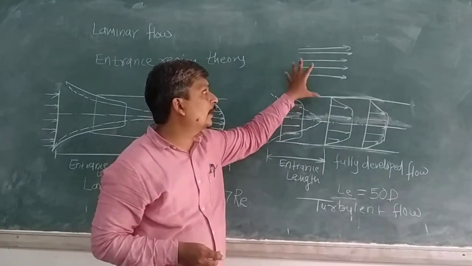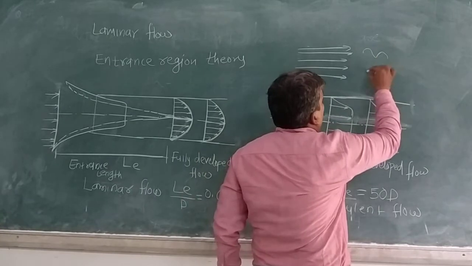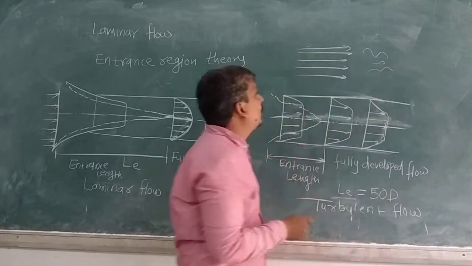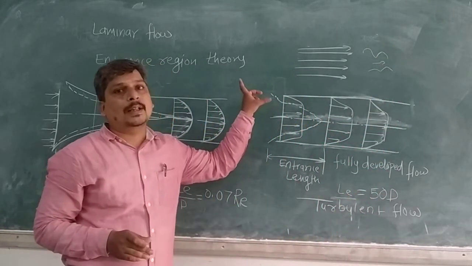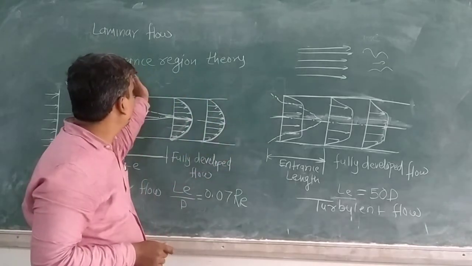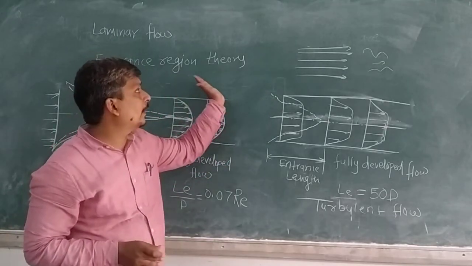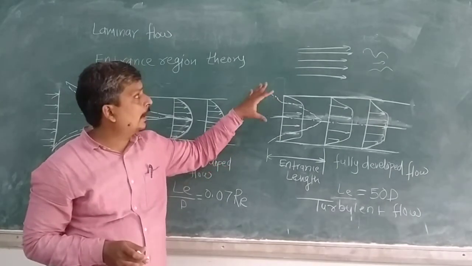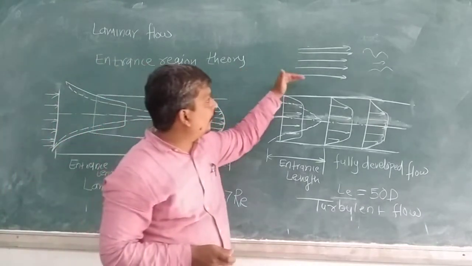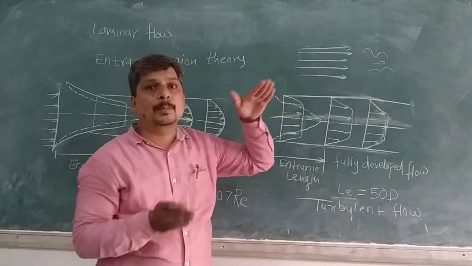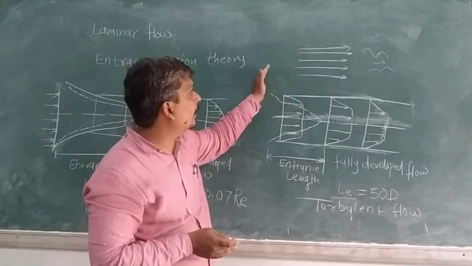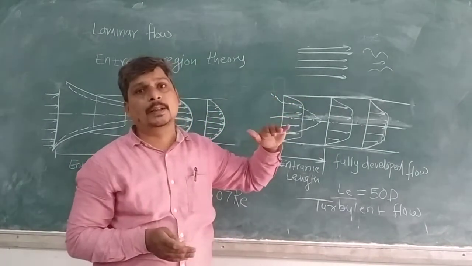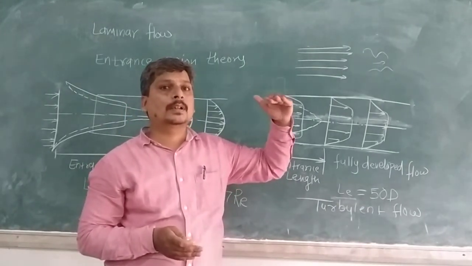There are no zigzags or fluctuations in the flow. This type of flow is called laminar flow. In it there are well defined streamlines, and the fluid between the plates flows as sheets, one over the other.